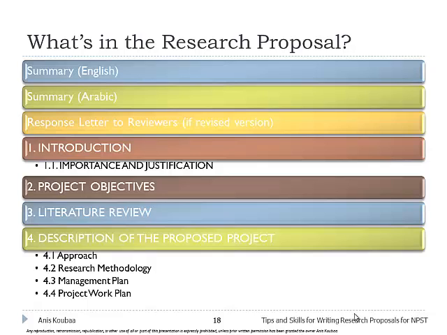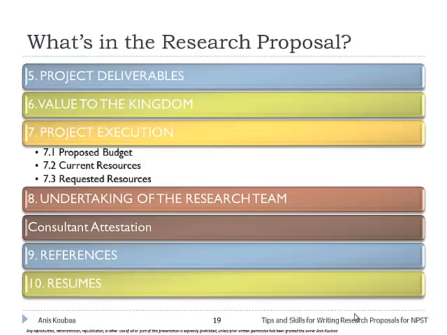This is the template for MPST, but it's common to most of the other projects. We are going to go through the different sections and provide guidelines on how to write them effectively with respect to the evaluation criteria that we enumerated before. Then project deliverables, the value to the kingdom, project execution, and the research team.